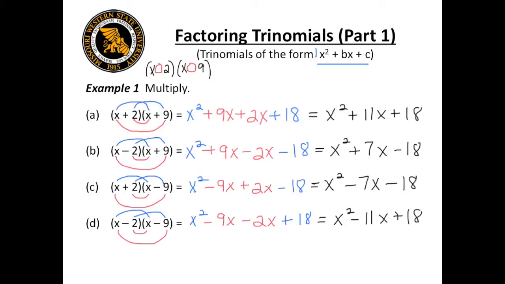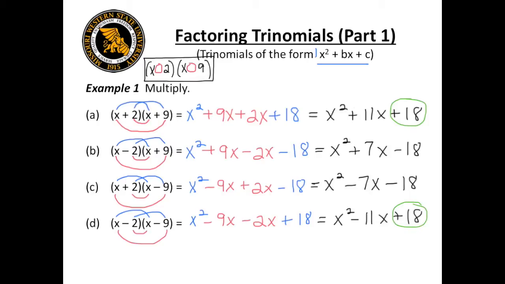Now let's compare our answers. Recall that we multiplied two binomials that were identical with the exception of the operations occurring between the two terms in each binomial. If we look at A and D, the third term in each of those trinomials is positive.